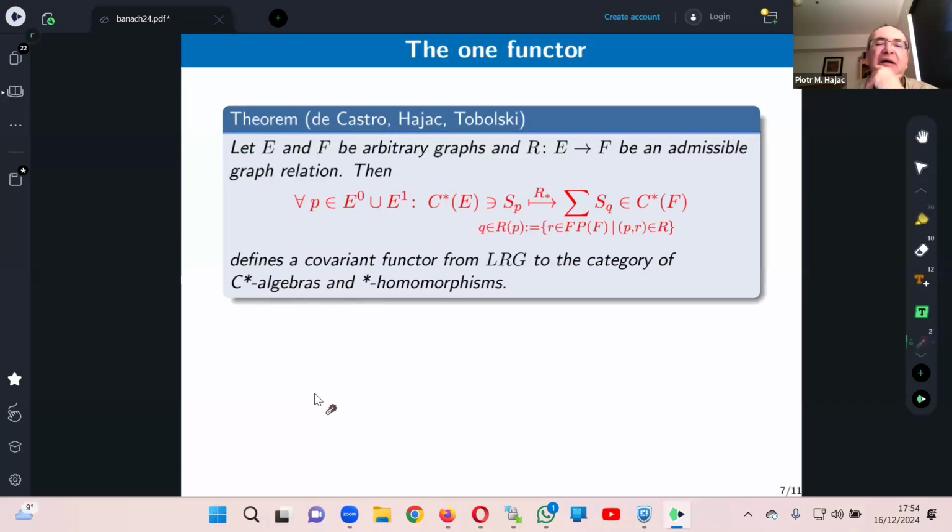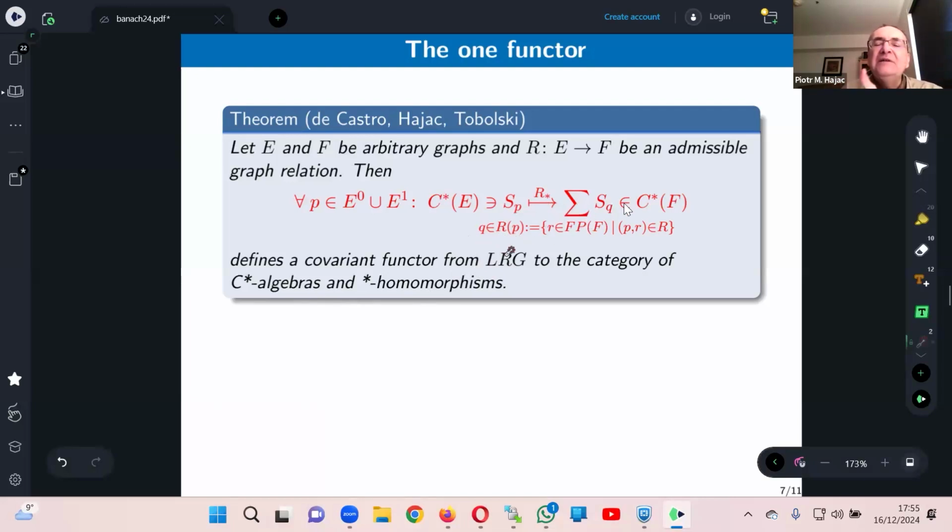But what makes me absolutely happy and delighted is that it was also clear to me that now we can have the one functor defined. You see, this formula almost doesn't change, except that now I'm summing over all q's which are in relation with p.